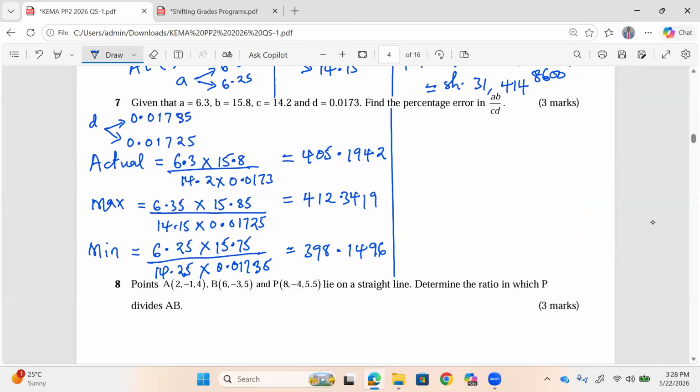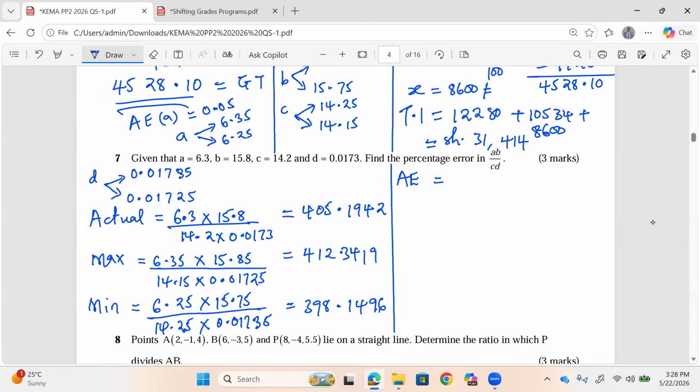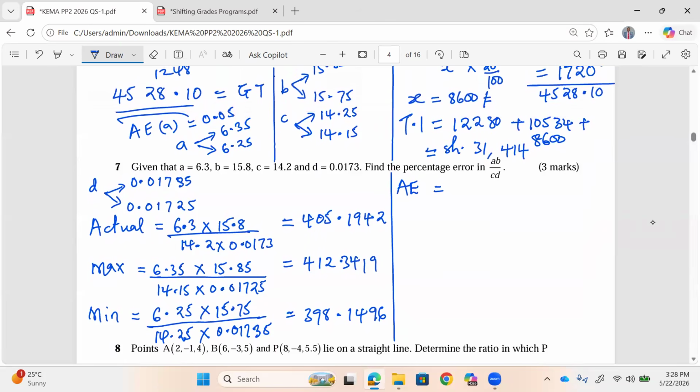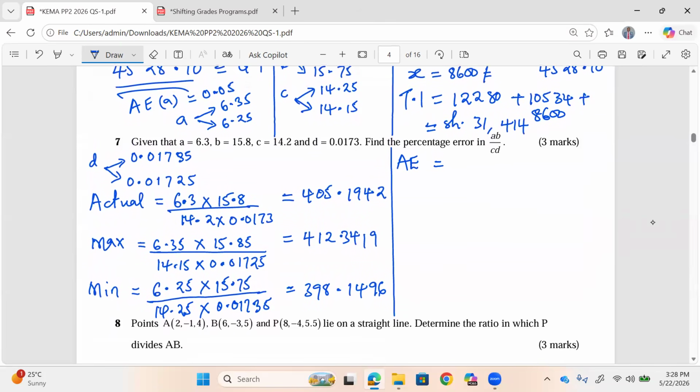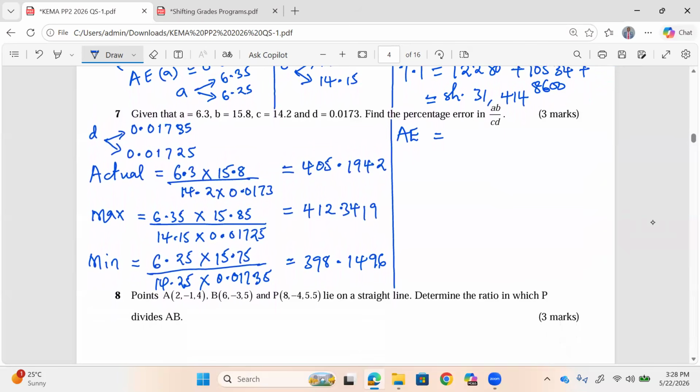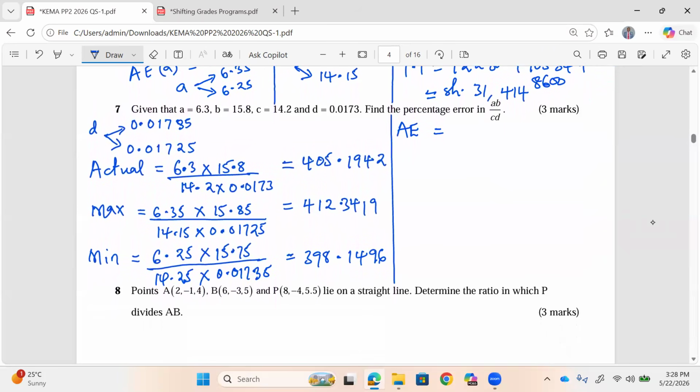So we have maximum, minimum, and actual. Can we talk about absolute error in the computations? Remember, there is absolute error in the recording of the values, and now we're talking about absolute error in the computation. So absolute error is given by maximum minus minimum, divided by 2.